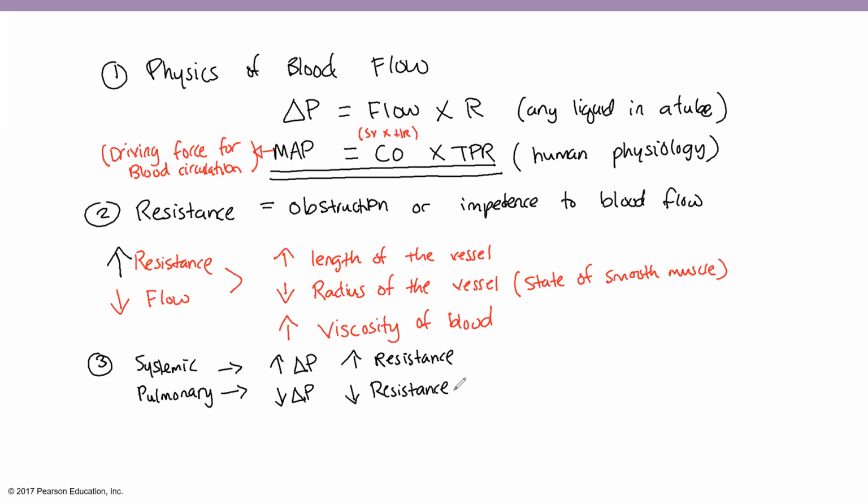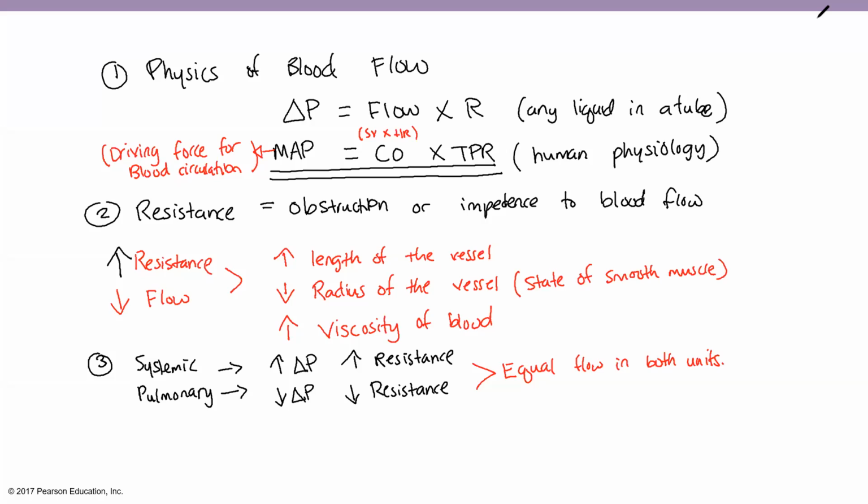And both of these things led to consistent or equal flow in both of these branches of the circulatory system. High pressure gradient, high resistance, low pressure gradient, low resistance: equal flow to both of these circulatory regions. Alrighty.